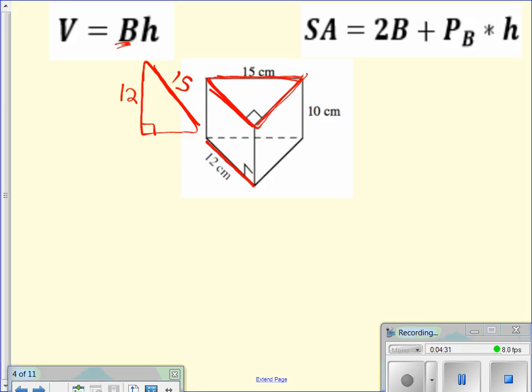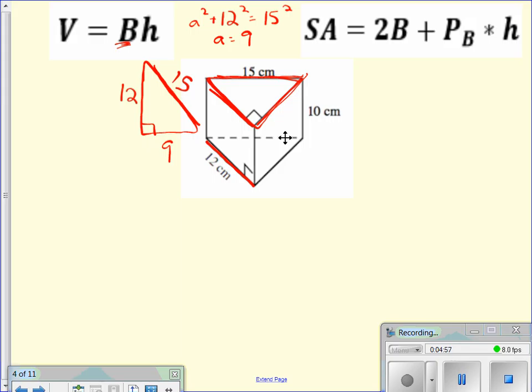But if you know your Pythagorean triples, it's certainly going to help out. If not, because it's a right triangle, you can do a squared plus 12 squared equals 15 squared. And if you solve that Pythagorean theorem out, you would get an answer of a equals 9. So it's 9. All right. Now that helps me a lot because now I got to find my volume.